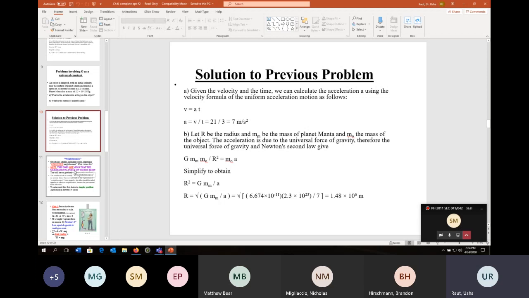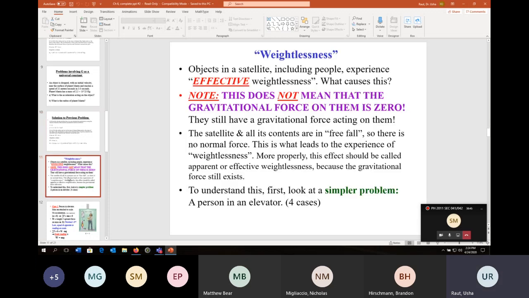And the whole concept of satellites is also connected with why astronauts feel weightless in orbit and so on. So, objects in a satellite experience this effective weightlessness.